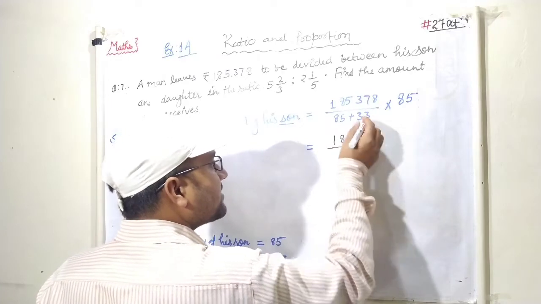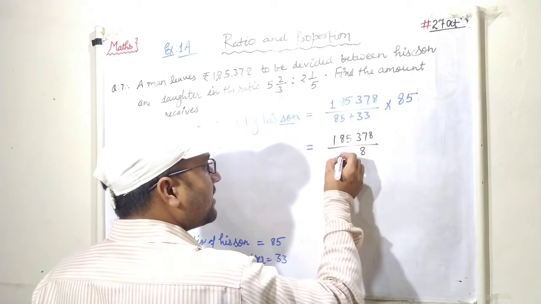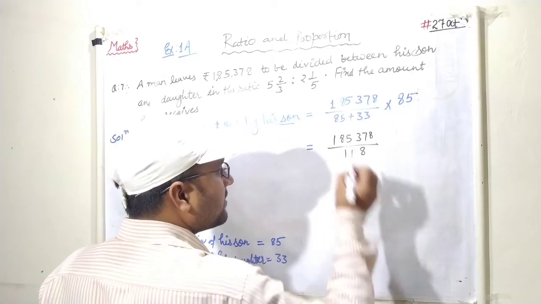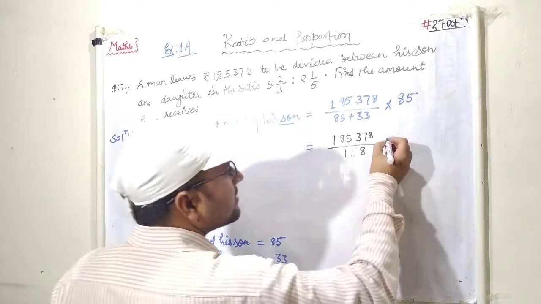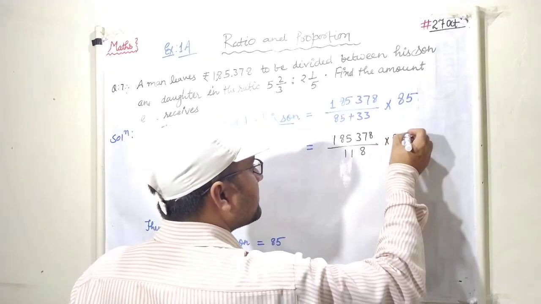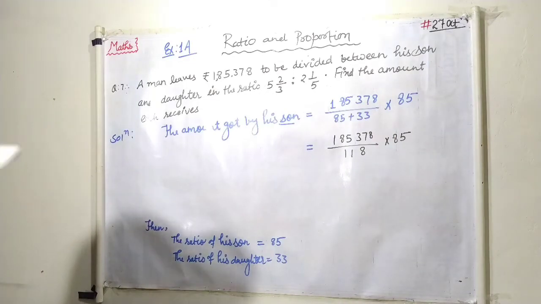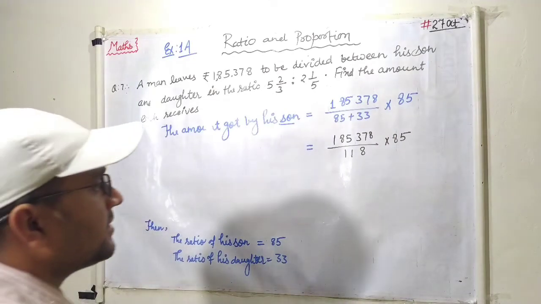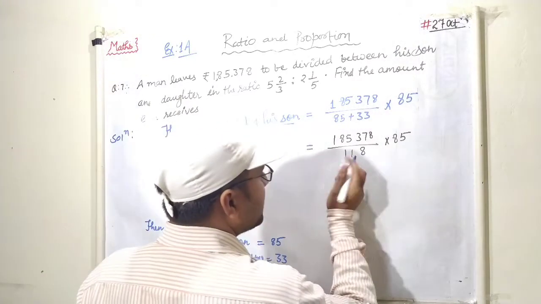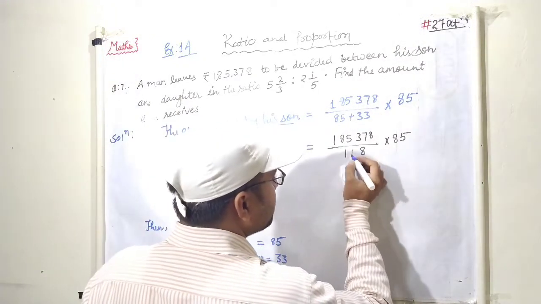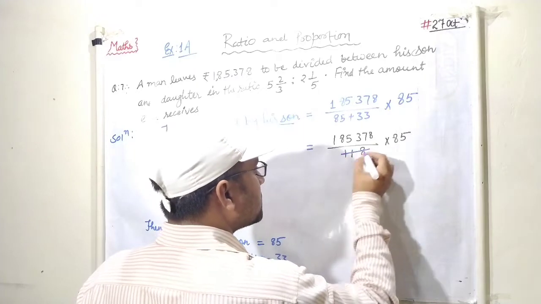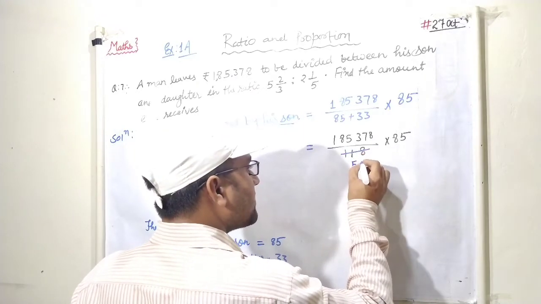If you add, 85 plus 33 is 118. So 1,85,378 upon 118 multiplied by 85, and if it cancels out by any number, you will cancel it. See this one, if I cancel by 2, then you will get 59.